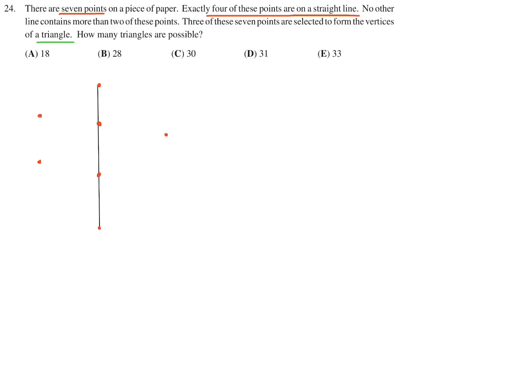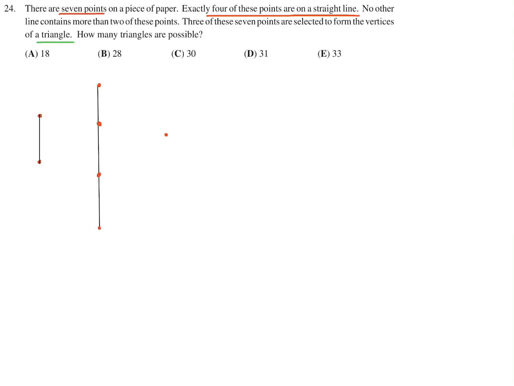Well, let's read it again. There are 7 points on a piece of paper. We have 7 points. 1, 2, 3, 4, 5, 6, 7. Exactly 4 of these points are on a straight line. Yes, indeed, right there. No other line contains more than 2 of these points. All right? So I'm assuming there's another line here like that. And no other line contains more than 2.